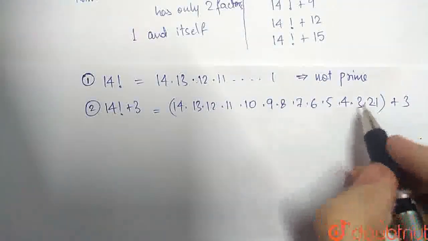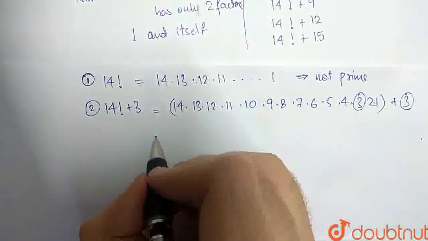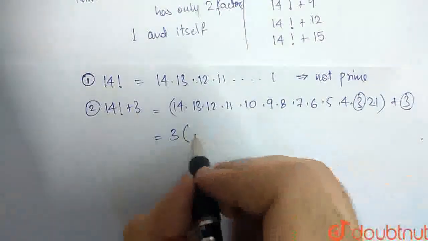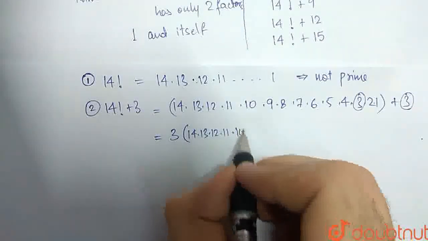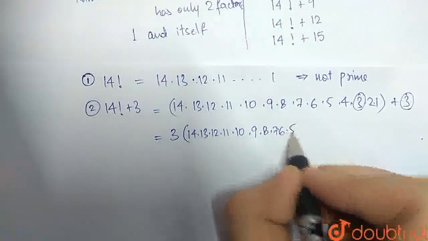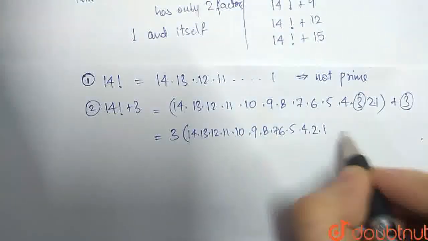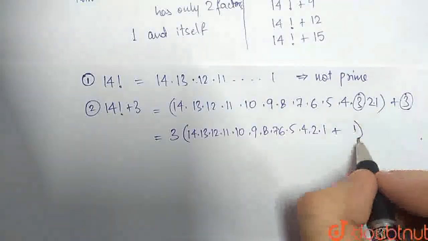Now there's a 3 here, there's a 3 here. We can take that 3 common and we have 3 times whatever is left, which is 14, 13, 12, 11, 10, 9, 8, 7, 6, 5, 4, 2, 1 and then plus 1 from this term.